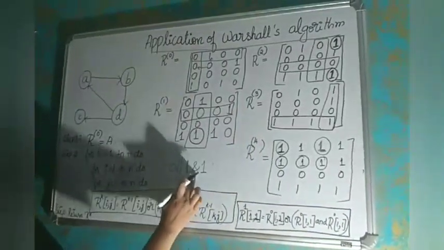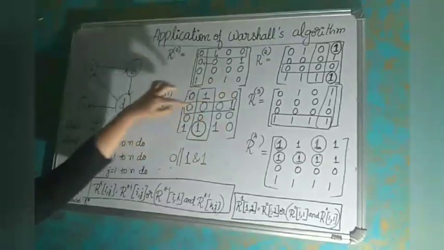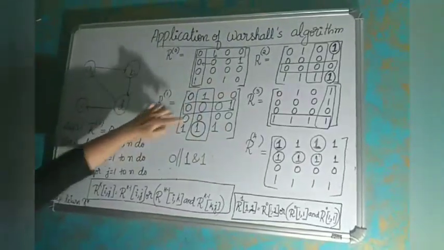So 0 or (1 and 1) will become 1. That is one of the values that has changed from R1 to R2. When we go to R2, this value has changed. The same thing you have to repeat for the other values as well.